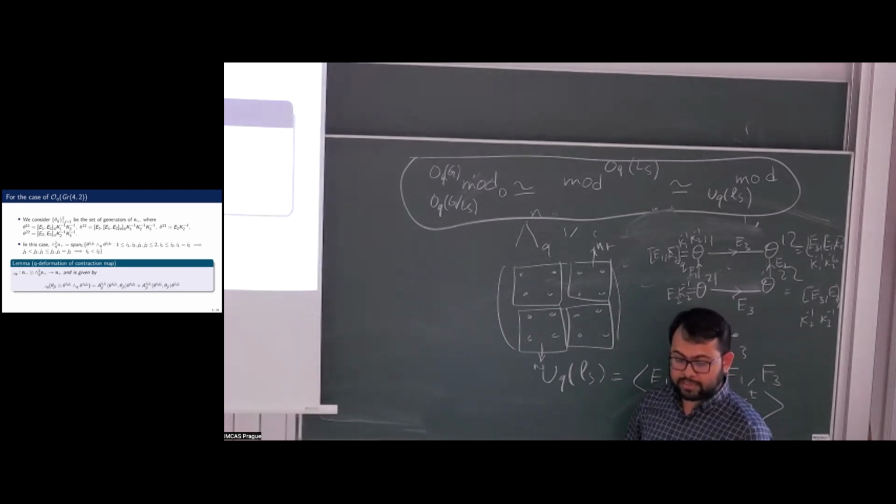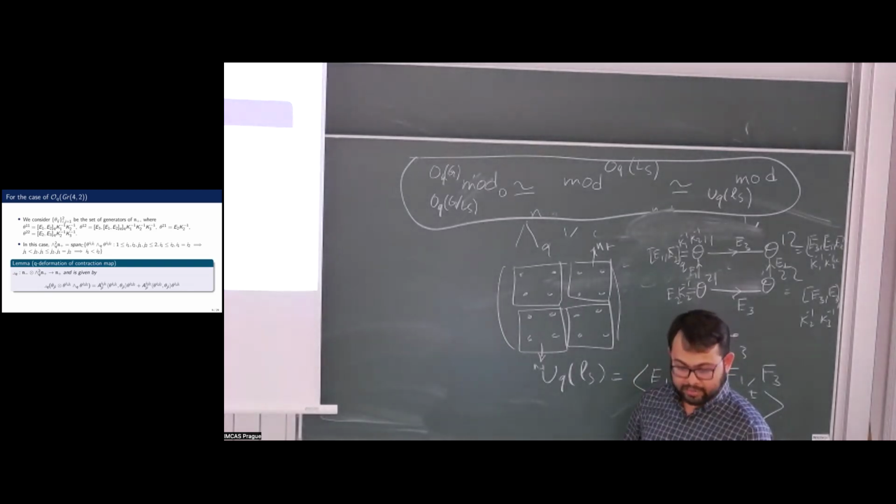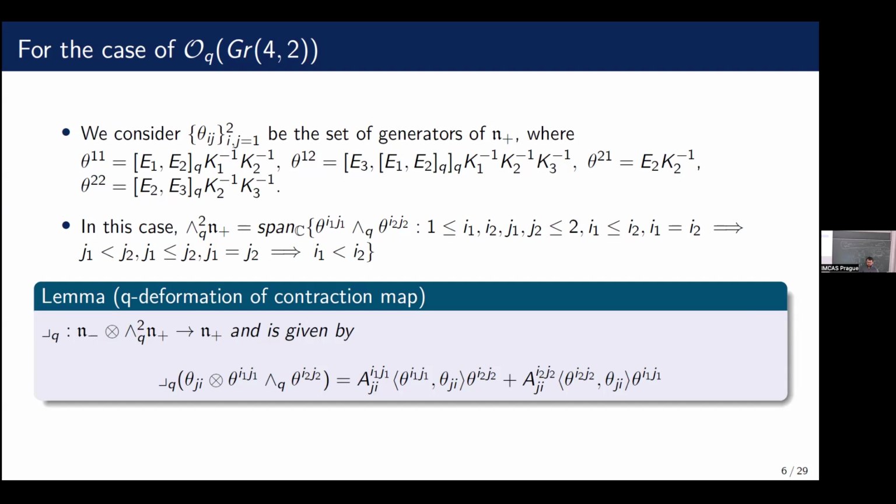If it is equal, then J1 has to be strictly less than J2. And the same goes for the J's. So again, it will satisfy the classical picture that Ray mentioned in the comments. For example, the dimension of the second wedge power should be 4C2, like 6.